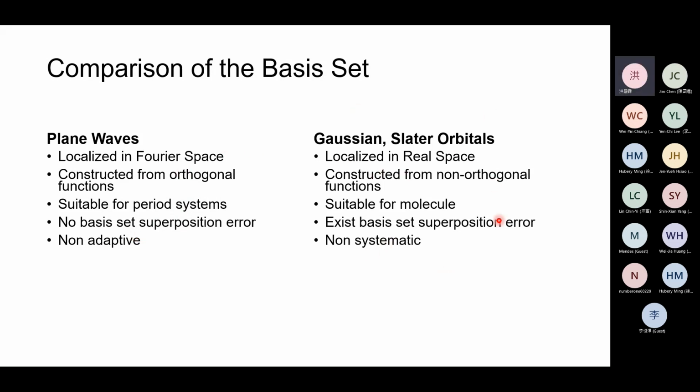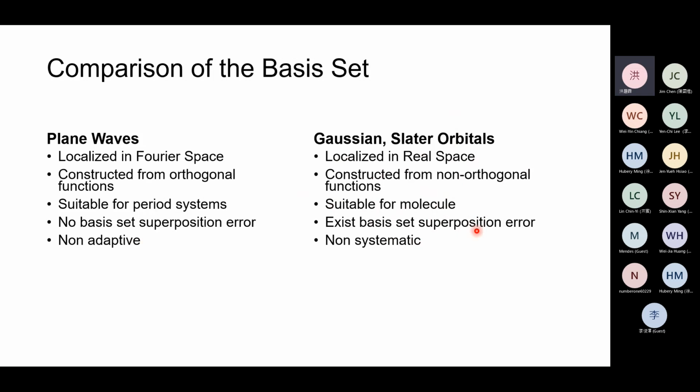Look at the Gaussian or Slater-type orbital here. It is localized in real space, but it is constructed from non-orthogonal functions. This means that calculating the overlap matrix and Hamiltonian needs more computational cost. It's suitable for molecules, but it has basis set superposition error.